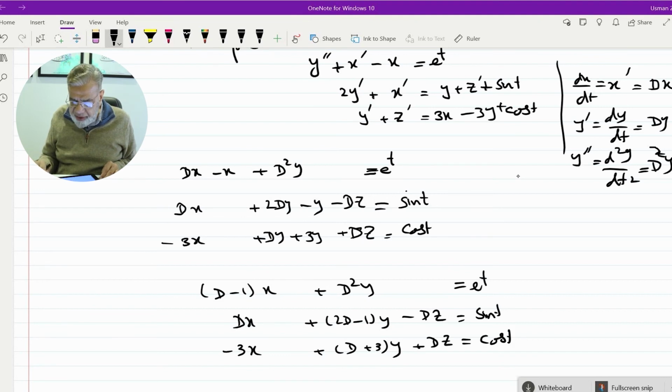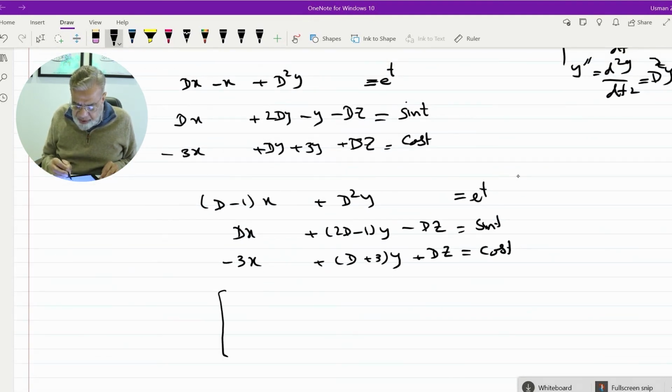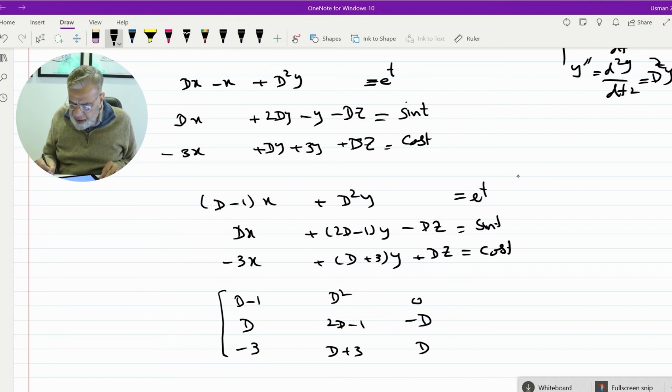Now we rewrite this in the form of a matrix. We have D minus 1 as a11, a12, then a13 is 0, a21, a22, a23 is minus D, then a31, a32, and a33 is D. The matrix of unknowns is x, y, and z.